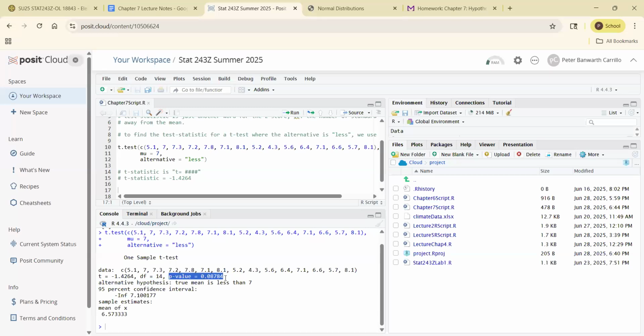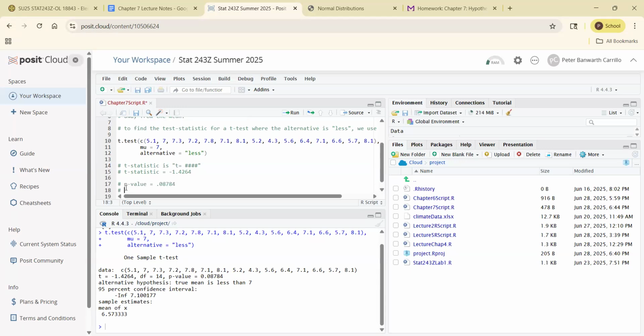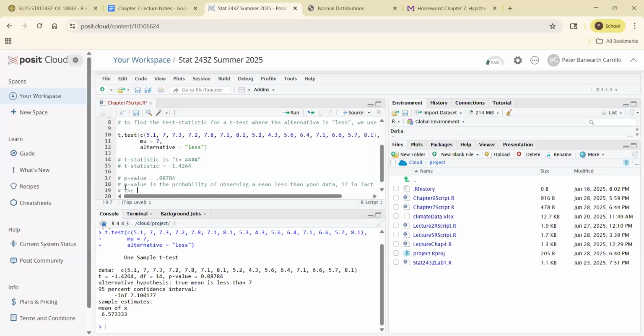And R actually also gives you the p-value as well, which in this case is 0.08784. Remember that the p-value is the probability of observing a mean, in this case, less than what your data produced, if in fact the true population mean is, in this case, 7.